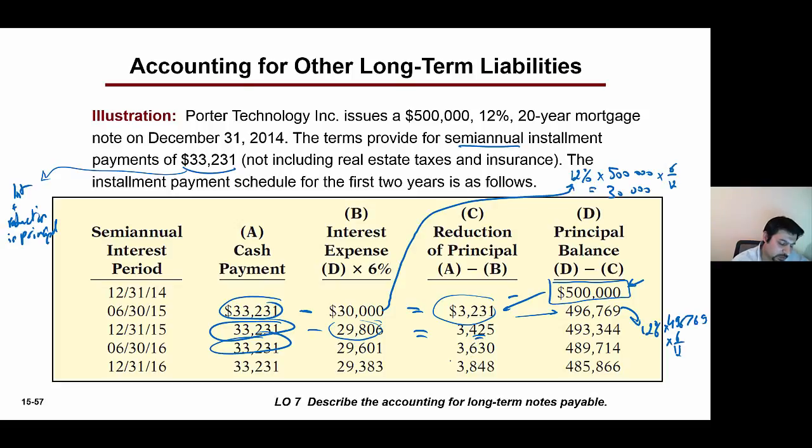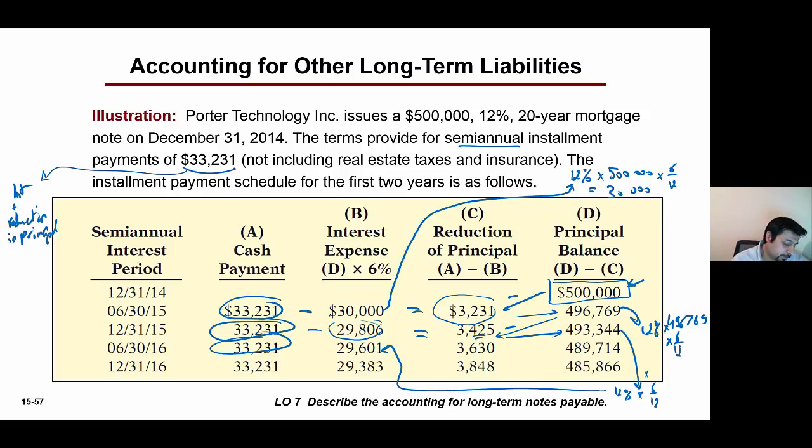So the reduction of principal is 3,425, and once again this one minus this one will give us 493,344. Once again, this is the amount that will be multiplied by 12% multiplied by 6/12. So this one is multiplied by this amount, and that would give us the new interest expense, etc. And this is how we continue to record the interest expense and the reduction of principal.